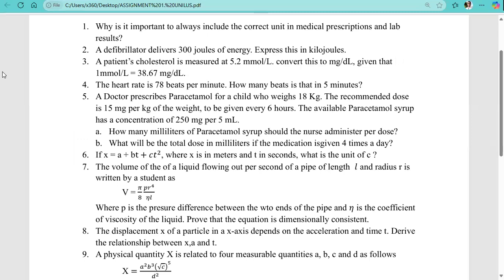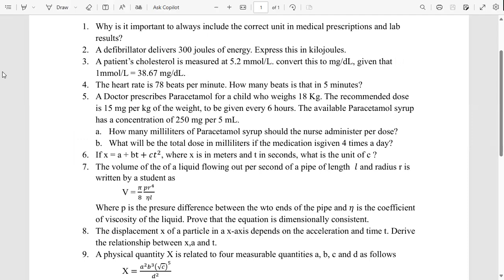Let's go to the next question. Question 3 is saying a patient's cholesterol is measured at 5.2 millimoles per liter.